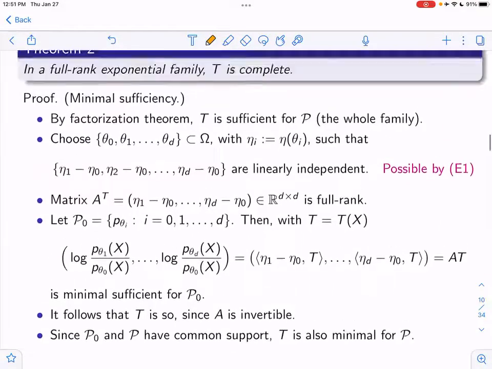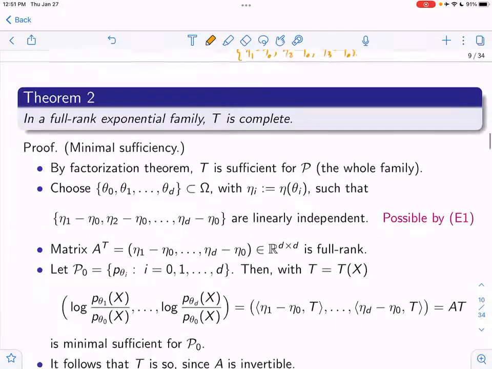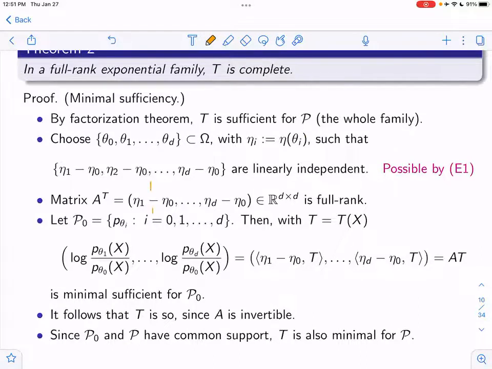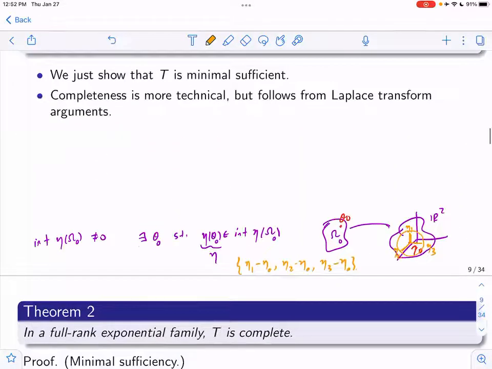And so consider A transpose, whose columns are these. I'm going to put these in the columns of A transpose. So this would be a full rank, d by d matrix. And if you recall, we have p theta i of x is x eta theta, which is going to be eta i, the way I define it. So eta i is just eta of theta i.